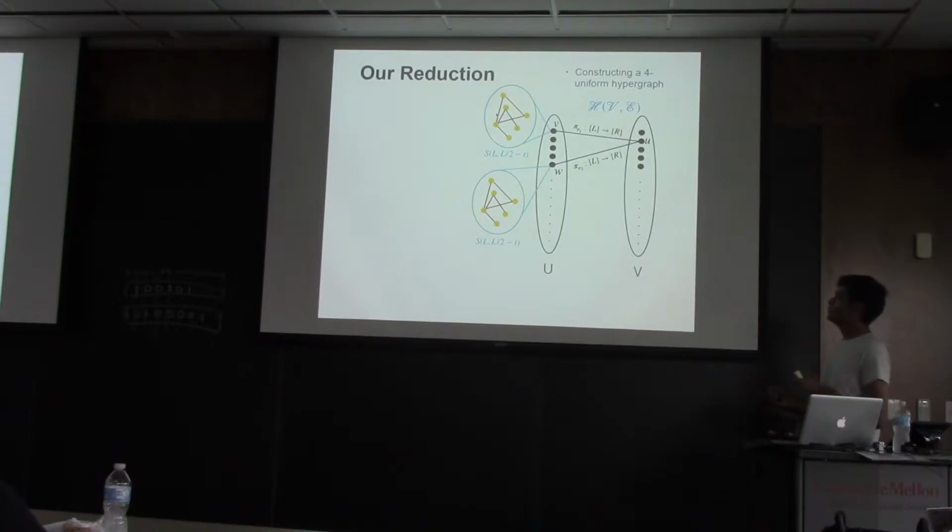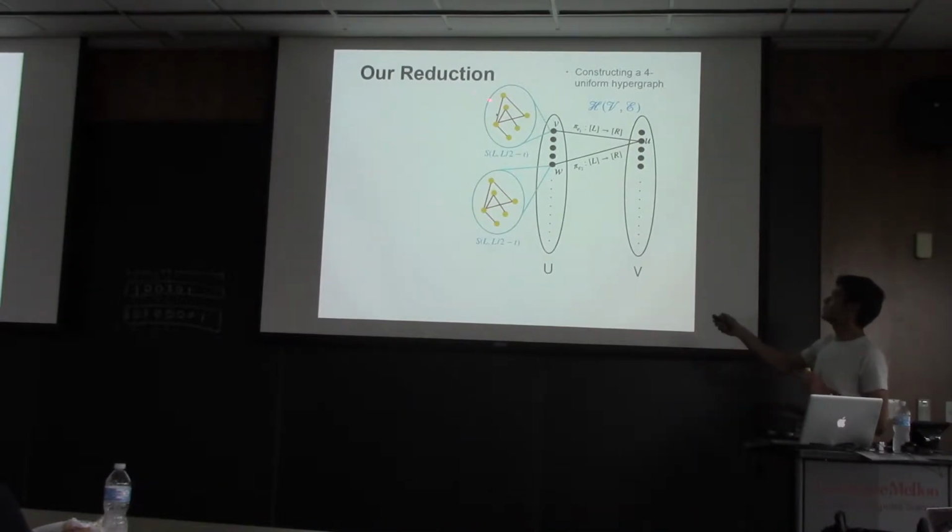Okay, so we start with a label cover instance, and we replace each vertex with a copy of the Schreier graph, where the parameter n is L, and the parameter L is L over 2 minus t for some parameter t.